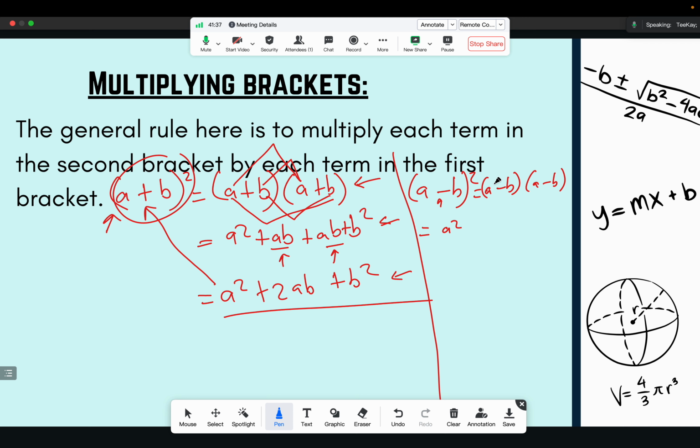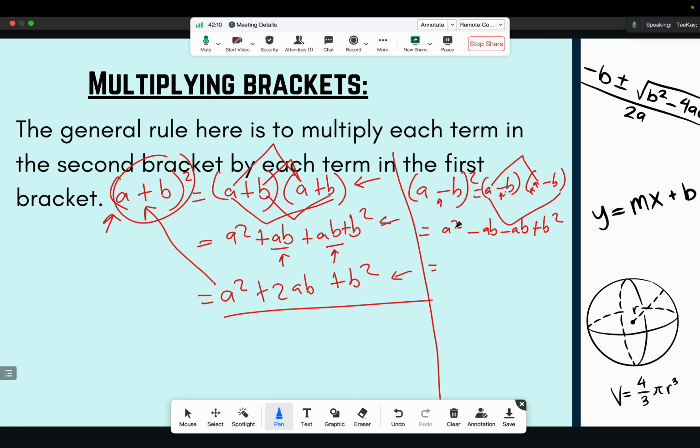This, and let's say this, A and B, will give us minus AB because here we have a negative and a positive, so we have minus here. And then we say B and A, we get minus AB again because here we have a minus, here we have a positive. And then we have minus B times minus B. We multiply this, it will give us plus B squared.